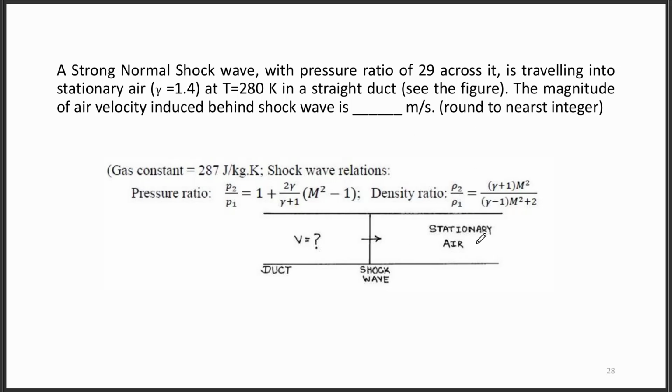See the figure. The magnitude of air velocity induced behind the shock wave is... Here the gas constant is given and some relations are given. We have to find what this V is. So how to solve this problem?